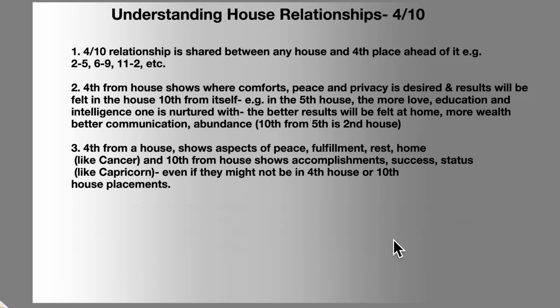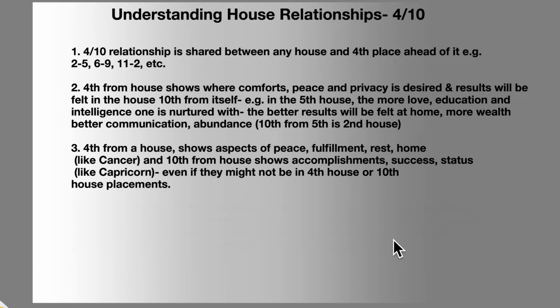The fourth house is home, privacy, heart, mother, homeland, etc. So the fourth house is where comfort, peace, privacy, heart-centered emotion is needed by the individual, because it is from the first house. The first house is the individual. The results will be felt 10th from itself. So whatever peace of mind you find in the fourth house will directly affect you, because it goes back to the ascendant. That is the first and the fourth house.